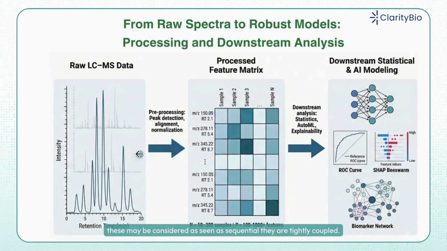While these may be seen as sequential, they are tightly coupled. Depending on the outcome, the previous pipeline may get affected. There is also an iterative refinement that is usually involved in this pipeline. And any software that you use must allow that iterative refinement.